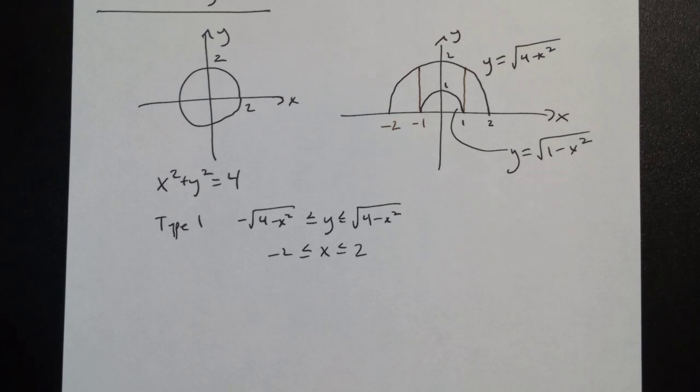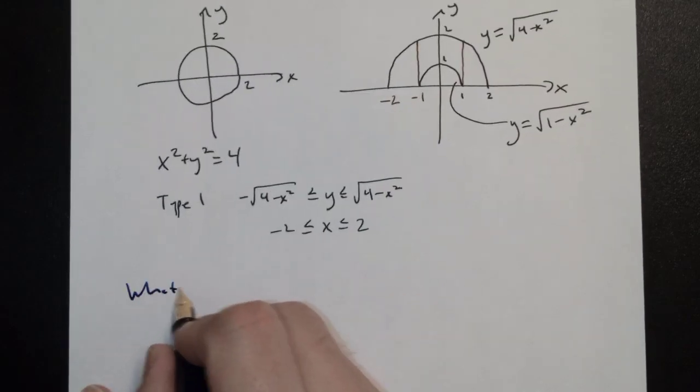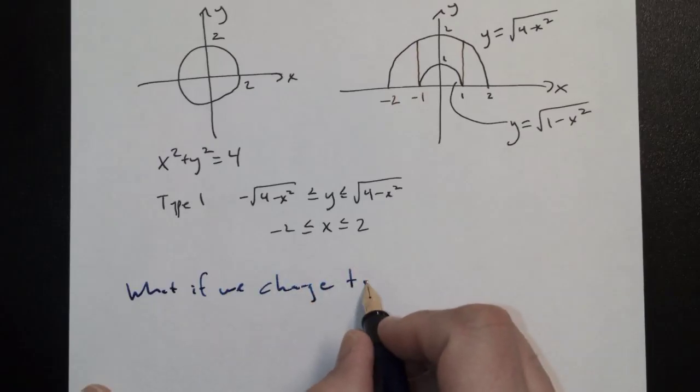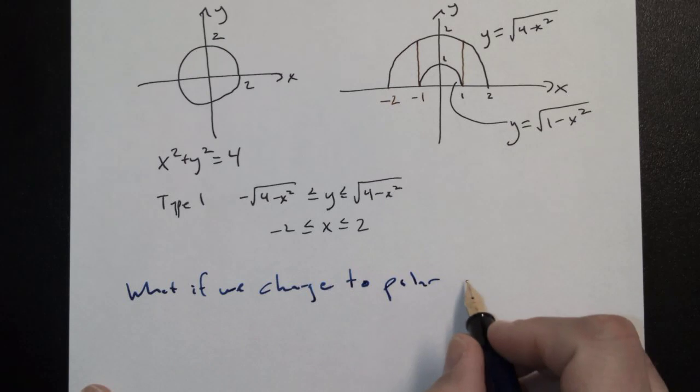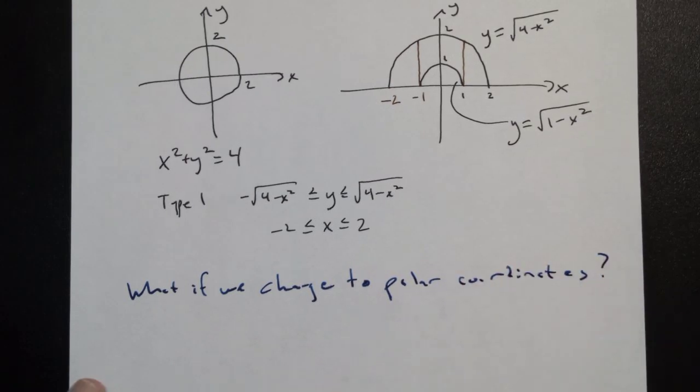In polar coordinates, how can we describe each of these regions? Let's think about the circle over there on the left.